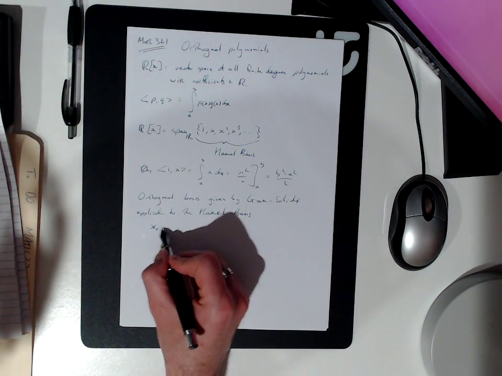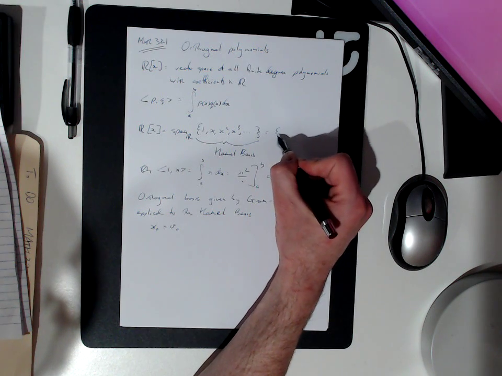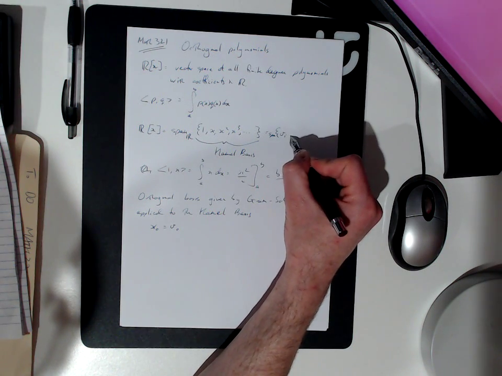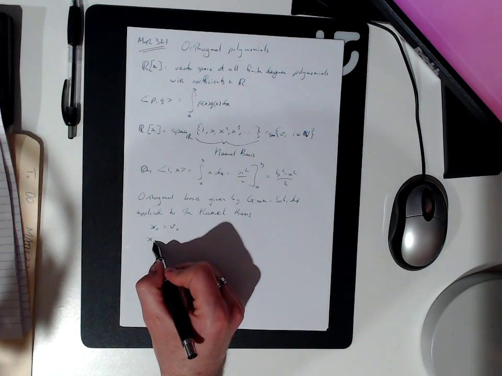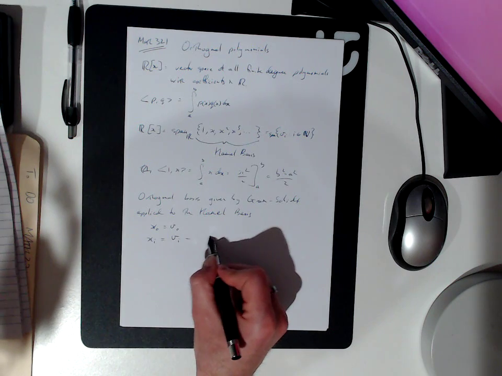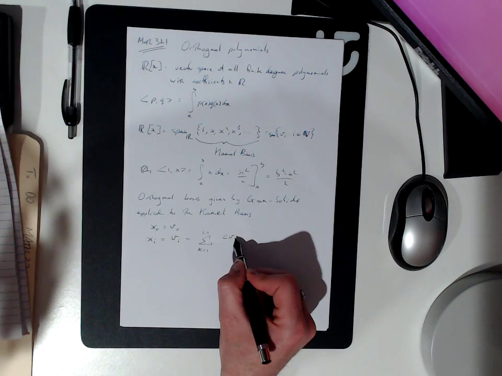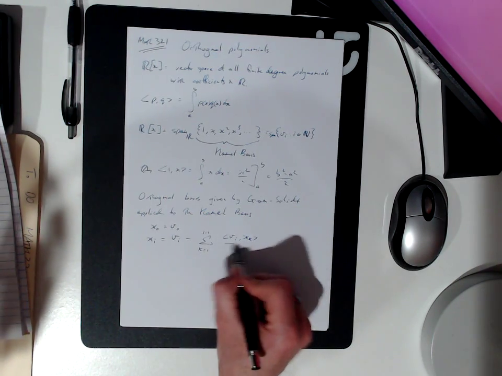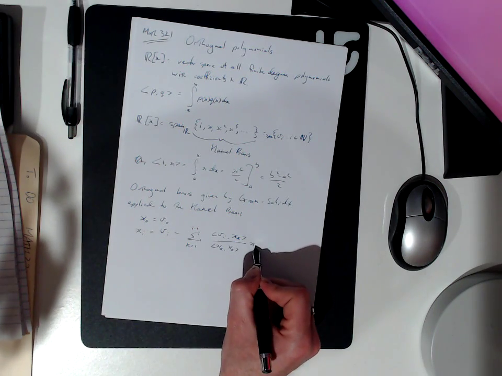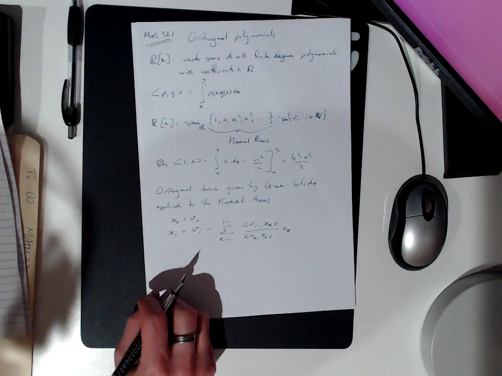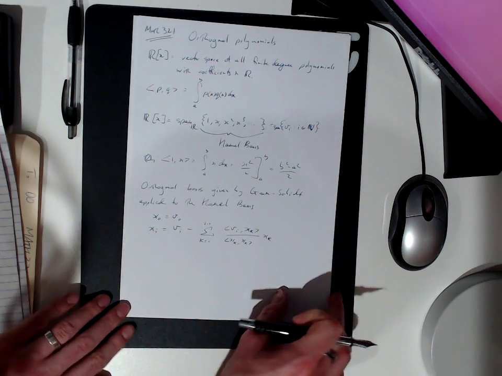In particular, you let x0 equal the first element of the Hamel basis. And then let xi equal vi minus the sum, k equals 1 to i minus 1, of the inner product of vi with xk over the inner product of xk with xk, times xk. Direct computation, you can show that it produces an orthogonal basis.